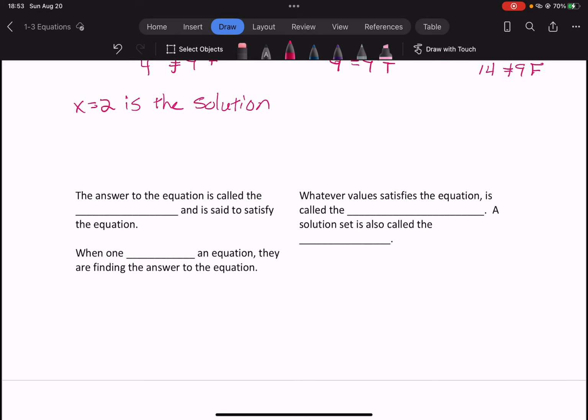And to go over this again, the answer to an equation is called the solution, and is said to satisfy the equation. So whenever a value satisfies an equation, whatever values, if it be one or more than one, is called the solution set.